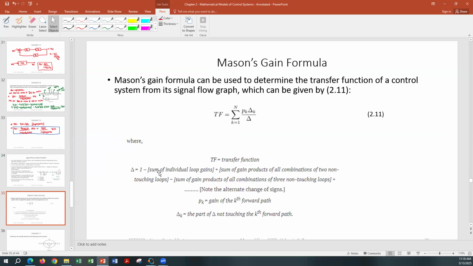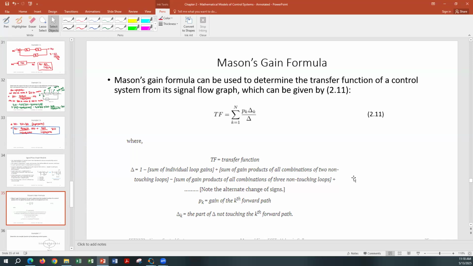So if you have one loop, then of course it's just going to be that loop gain, plus the sum of gain products of all combinations of two non-touching loops. If you have non-touching loops, then you take the product of each of the non-touching loop gains, and then add them together. That's what it means here. Then minus the sum of gain products of all combinations of three non-touching loops.